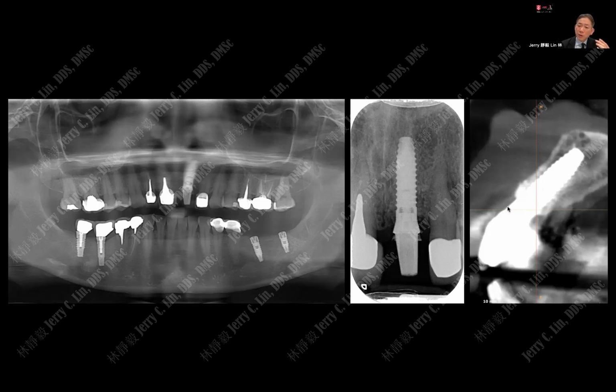If you look at the emergence profile, it's almost straight up to the contour, because we certainly didn't have enough room for the buccal pushing up of the buccal soft tissue. So we want to keep the profile straight up.